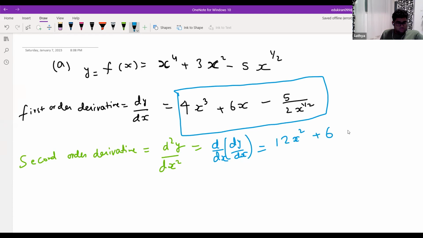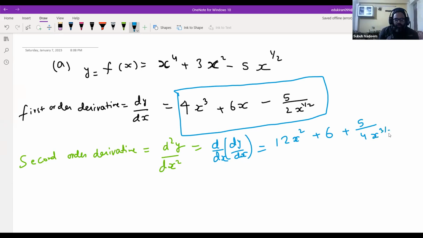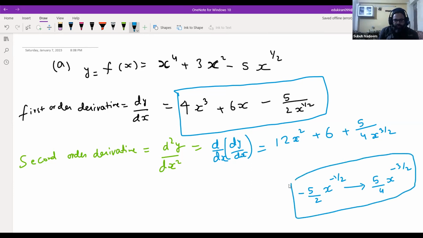This will become plus 5 by 4 x to the power minus 3 by 2, because on differentiating, it will become n x to the power n minus 1. So finally, this is the double derivative. This will be your answer.